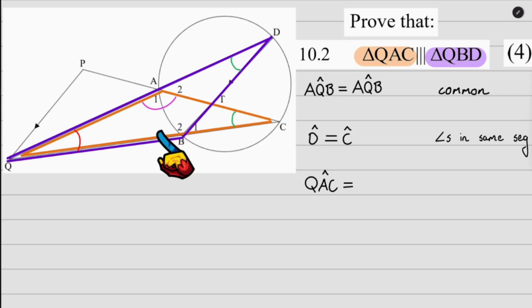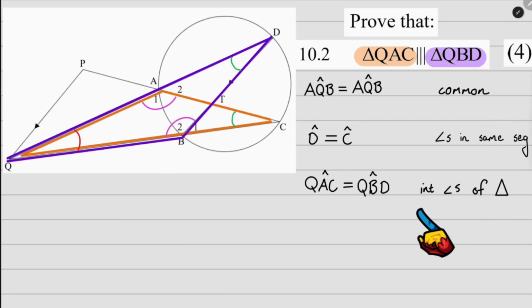Remember, the third angle will always be equal by default because of interior angles of a triangle. Just how I named this one, you follow the letters, so it's QBD. Alternatively, you can use B2. For the other one I could have used A1 because I have named it, but these are also acceptable.